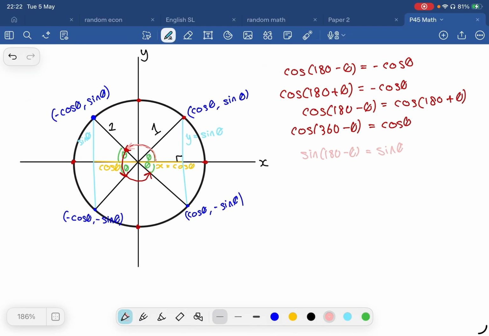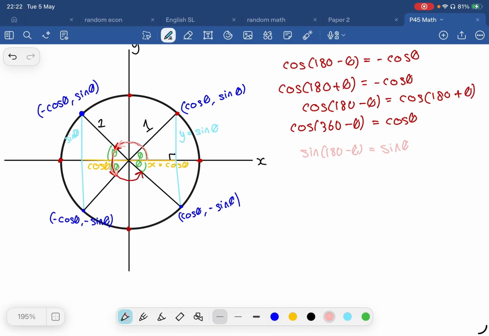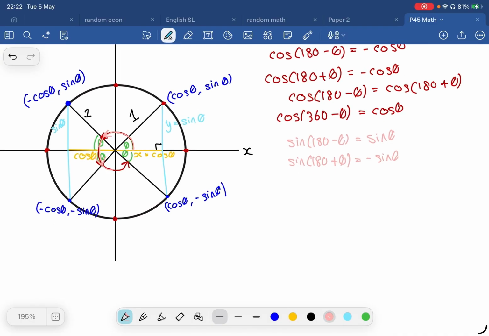Okay, great. Now if I extend that further down here, sine of 180 plus theta, I'll get negative sine theta. And if I look at this angle here, sine of 360 minus theta will give me negative sine theta.